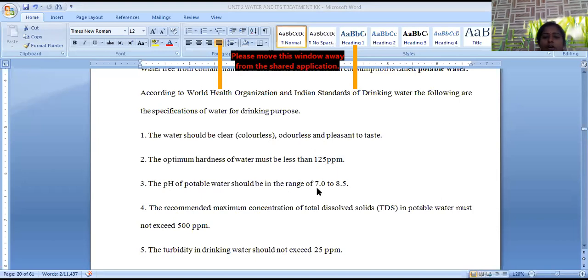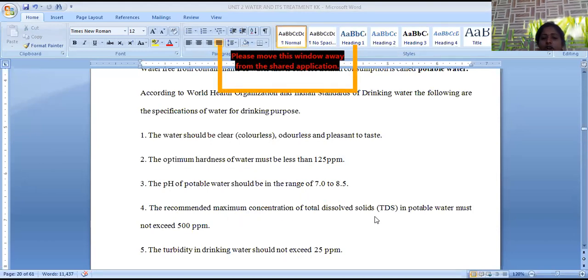And pH should be almost neutral, and slightly basic conditions are preferable. A pH in the range of 7 to 8.5 is preferable for drinking purposes. Almost neutral pH should be maintained in order to consume it as drinking water or potable water.